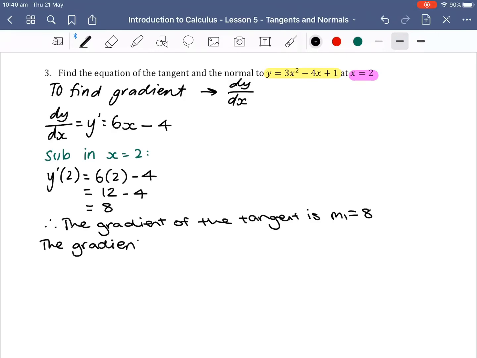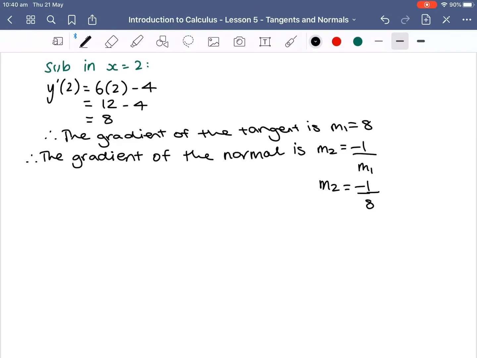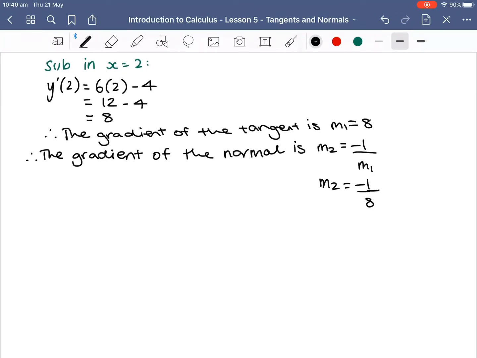The gradient of the normal is m2 equals minus 1 on m1, so m2 equals minus 1 on 8. So we have our two gradients there.